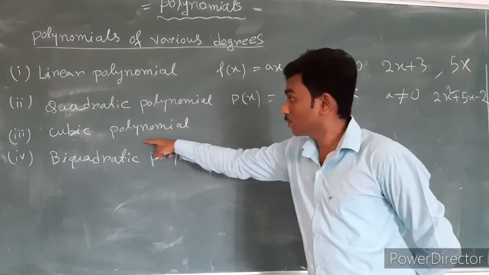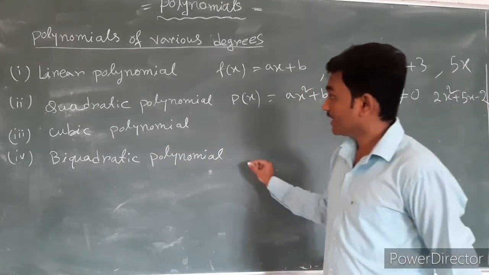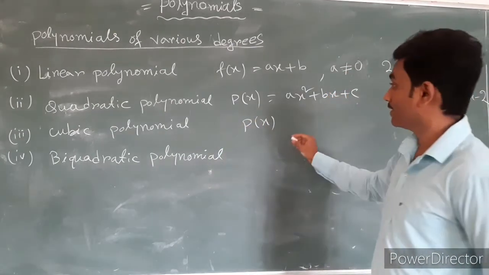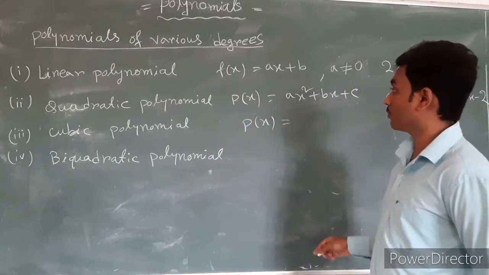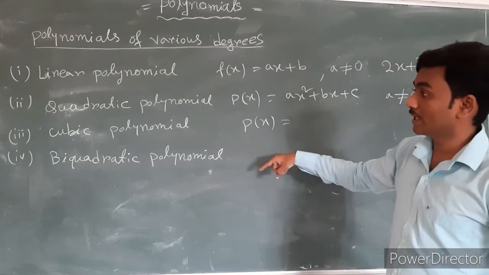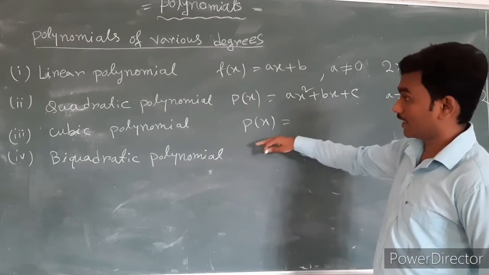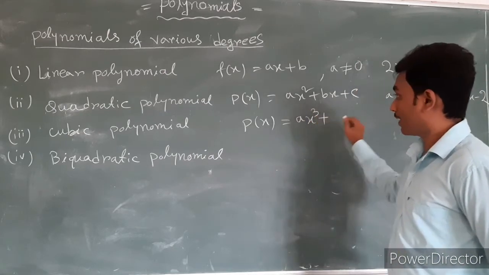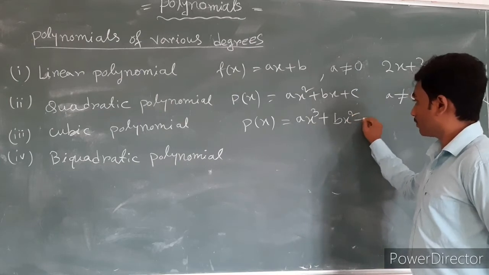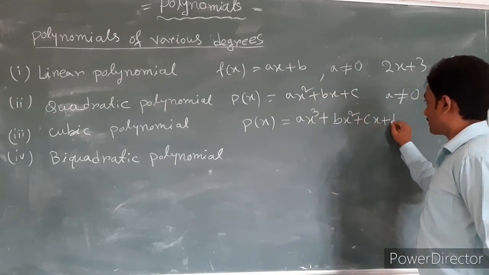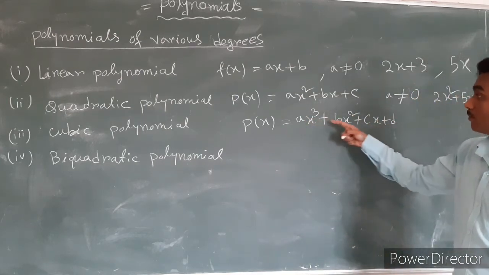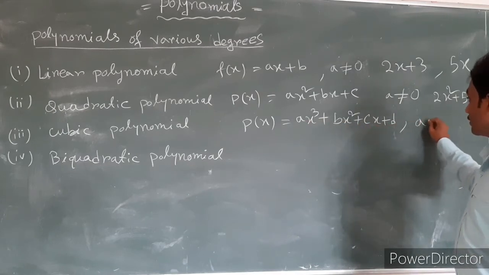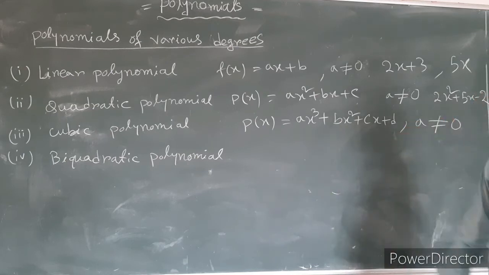Next one, cubic polynomials. A polynomial of degree 3 is called a cubic polynomial, and the standard form of a cubic polynomial is ax cubed plus bx squared plus cx plus d, where a, b, c and d are constants and a is not equal to 0.